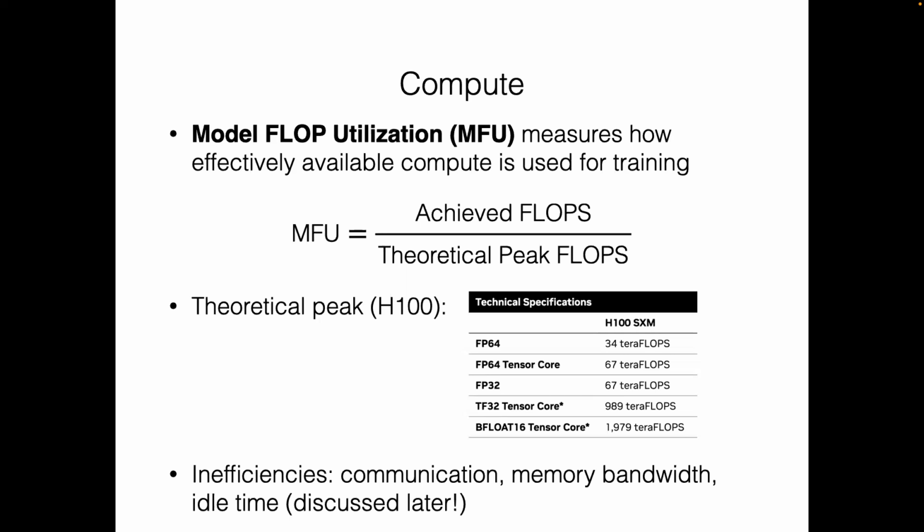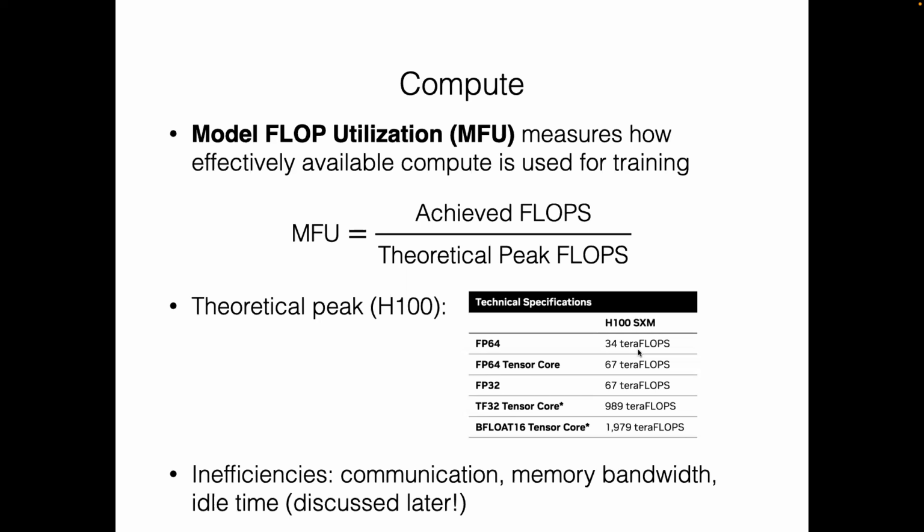It measures how effectively you are using the available compute during training. For a given GPU, you can look up theoretically the most FLOPS you can do. For this hardware, what is the most computation you can do per second?